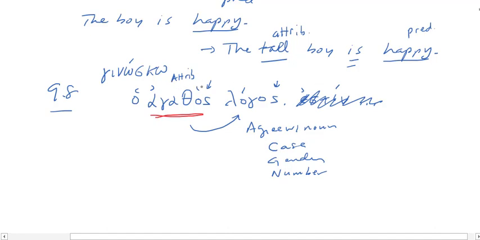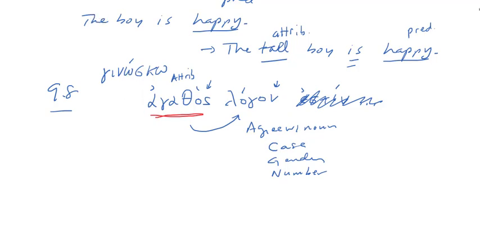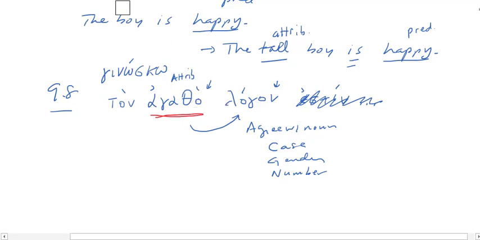Agathos is still going to be attributive here, but can I leave it in the nominative case? What case does the good word have to be if it's the direct object of gnosko? It's got to be accusative. So, logos will be what? Logon. Good. The article ho will have to become what? Ton. And then what happens to agathos? That's right. It becomes agathon. So you see how this works.